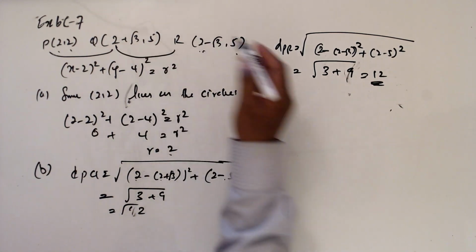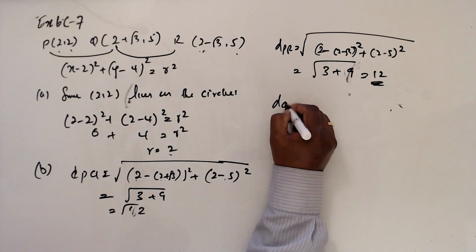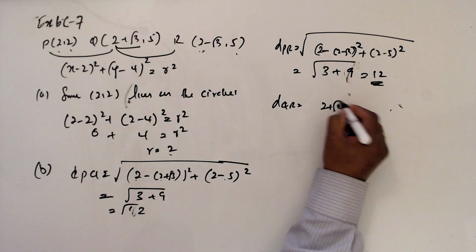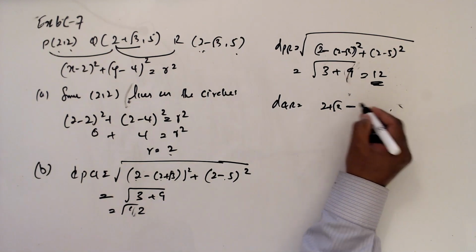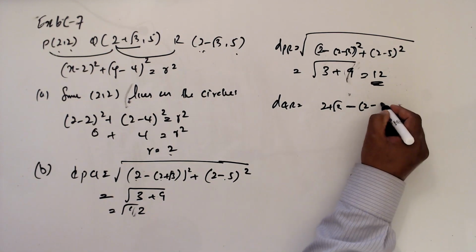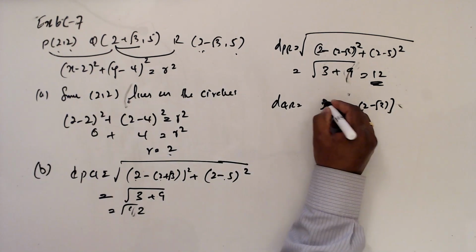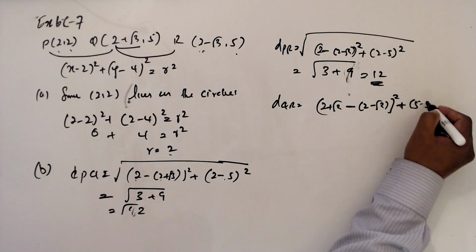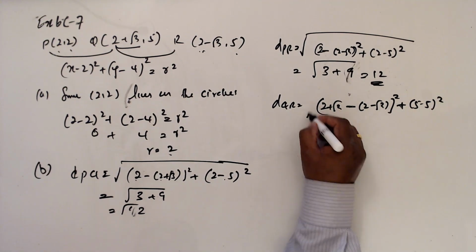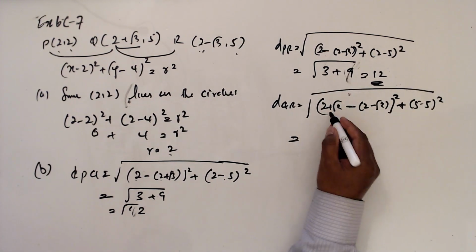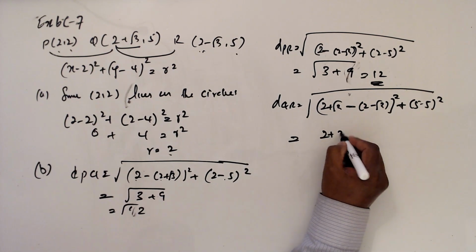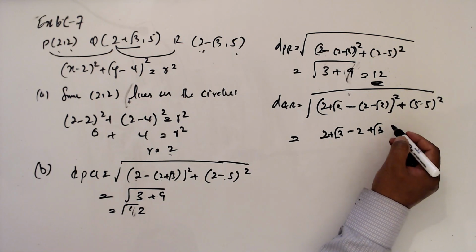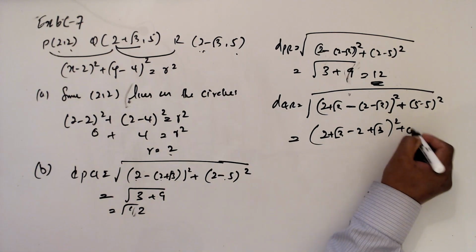Then d QR. So square root of (2 plus square root 3 minus 2 plus square root 3) square plus (5 minus 5) square, which is 0 square.